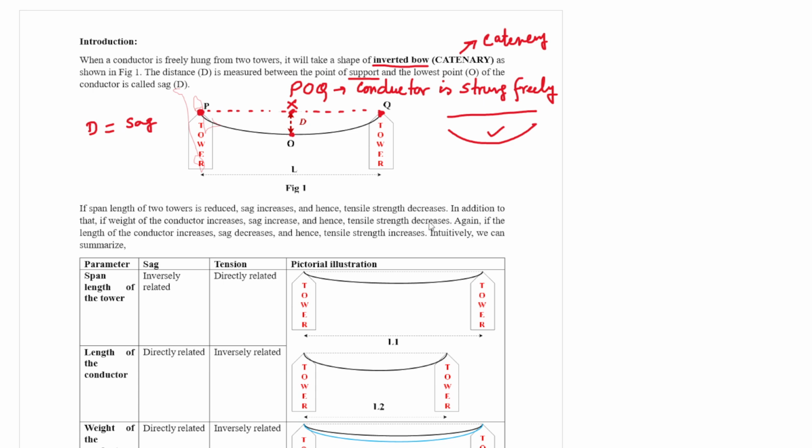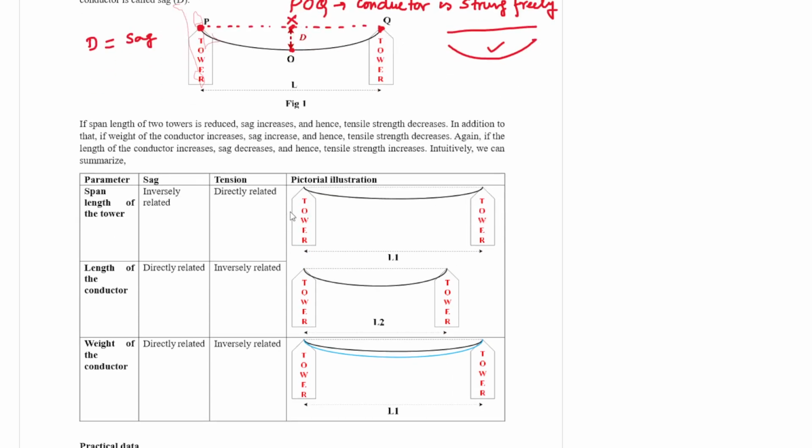Now, intuitively we shall try to understand a few facts. Consider this diagram first. This is two towers and one conductor strung freely. Now let us consider this second diagram. What is called span length?